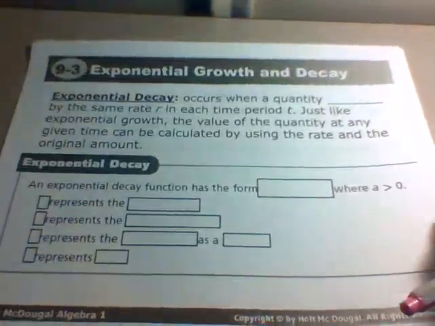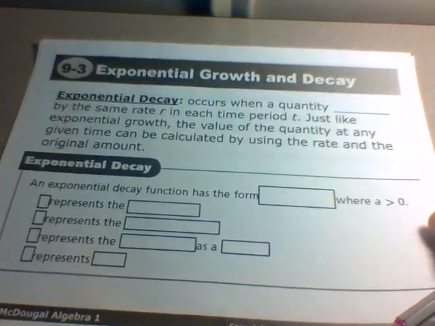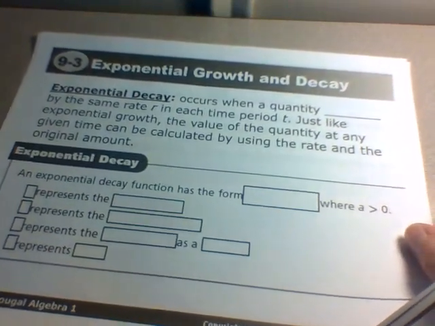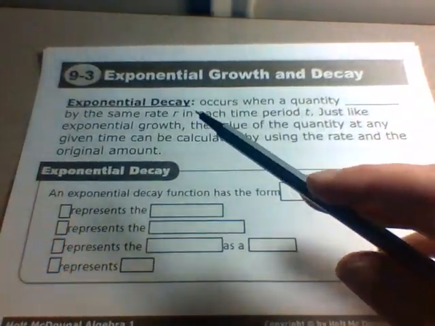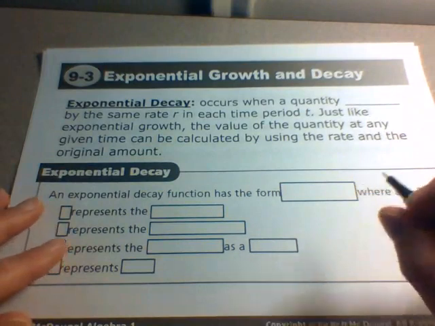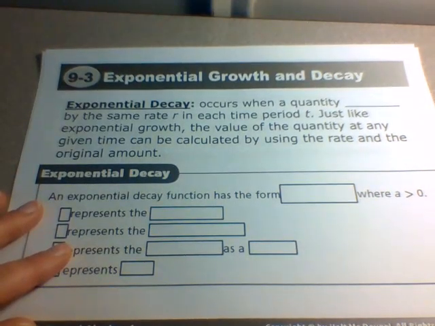All right. The next equation that we're going to talk about is our exponential decay. This is actually the same as our exponential growth, only of course what's happening to the values is that they are decreasing.